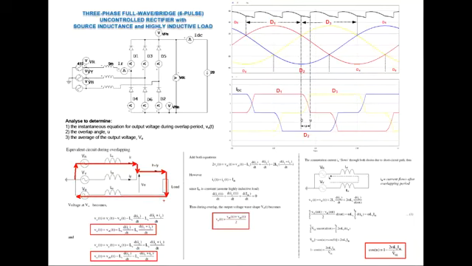We're going to consider that loop. Hence, it gives this equation: Vout(t) equals VR minus VB minus Ls dIR/dt, minus Ls d(IR + IY)/dt.